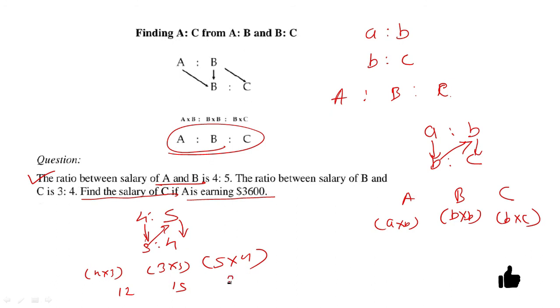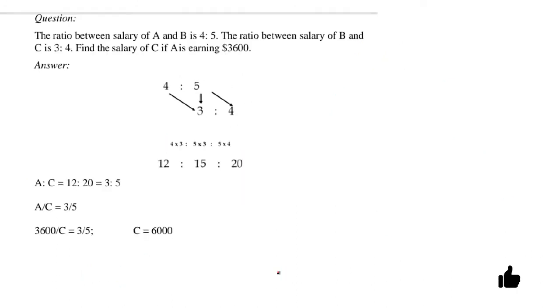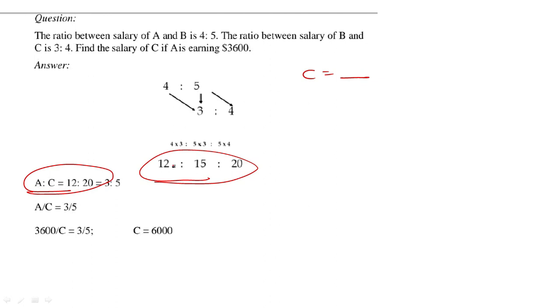Okay, now we got this ratio, 12 to 15 to 20, and then we are asked for the value of C. As the ratio of A to C is 12 and 20, we can write any ratio like A to B equal to A upon B. So we write here A upon C is equal to 3 upon 5.